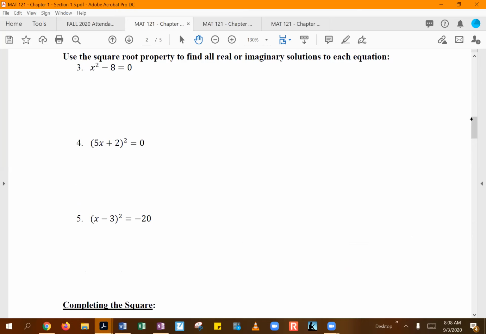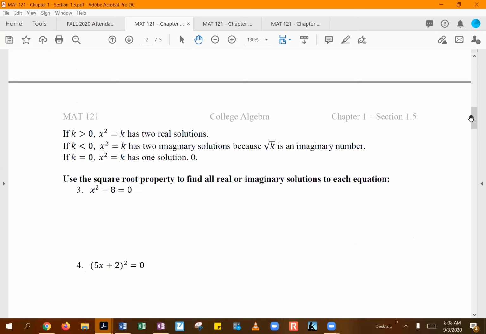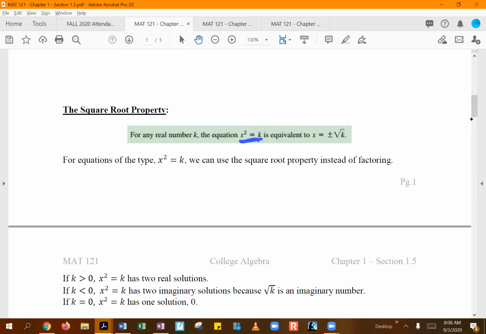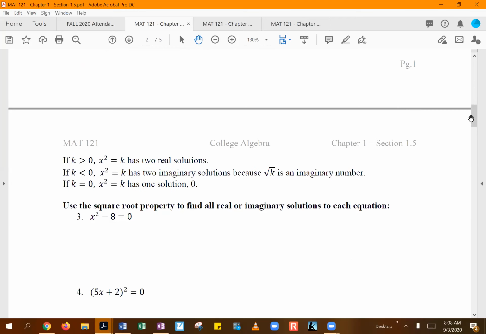So you can have 5x plus 2, and that whole thing is squared, and then you've got a number on the right-hand side. Or in number 5, we have x minus 3, the whole quantity squared on the left-hand side, and a number on the right-hand side. So the general format is a square term with our variable in it on the left-hand side and a constant term on the right-hand side.